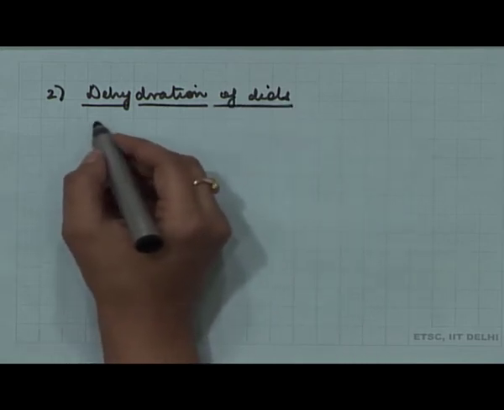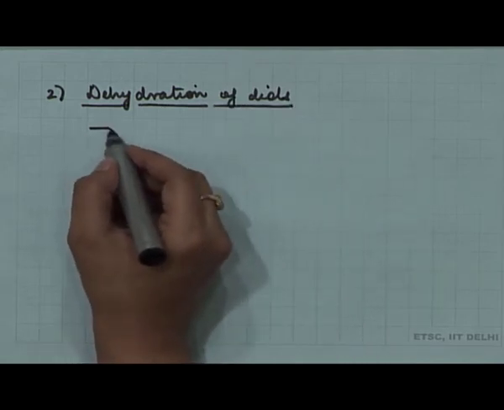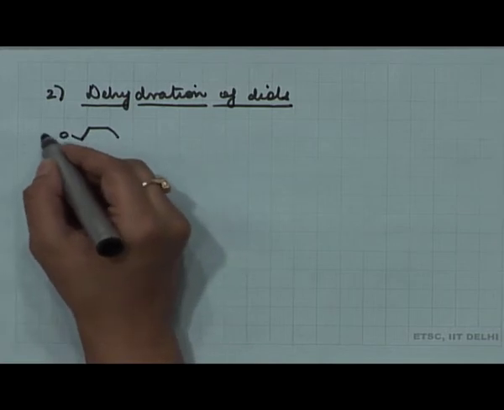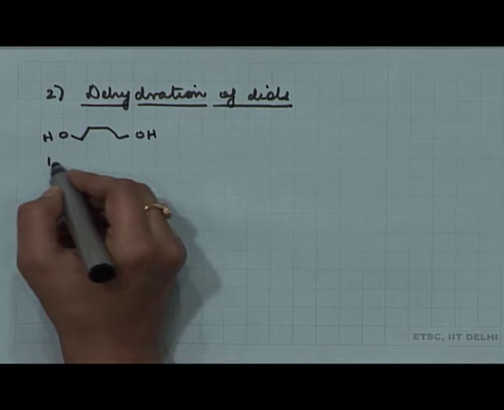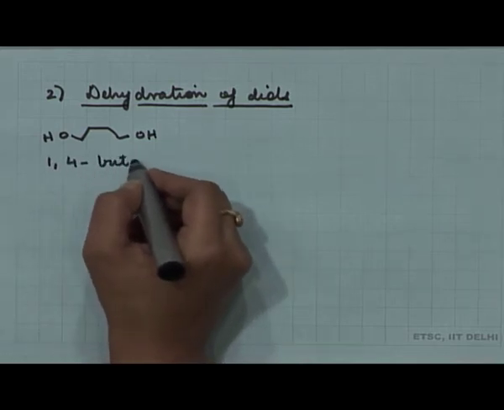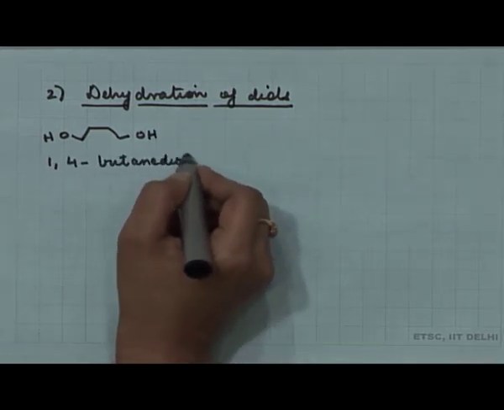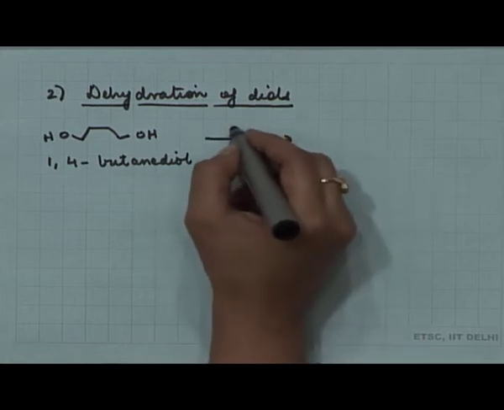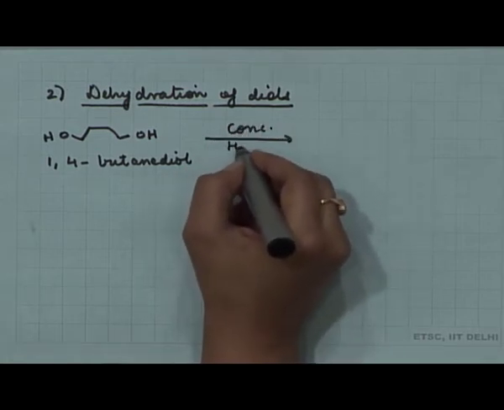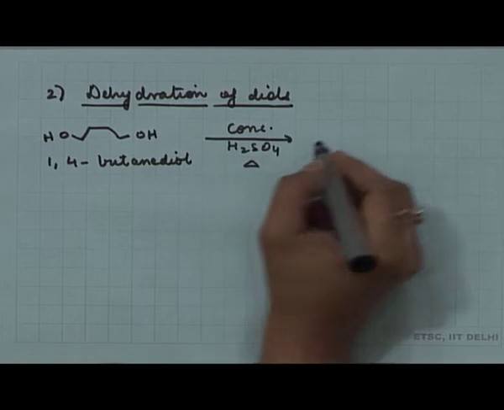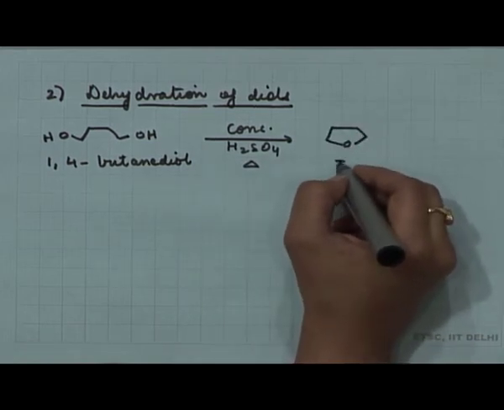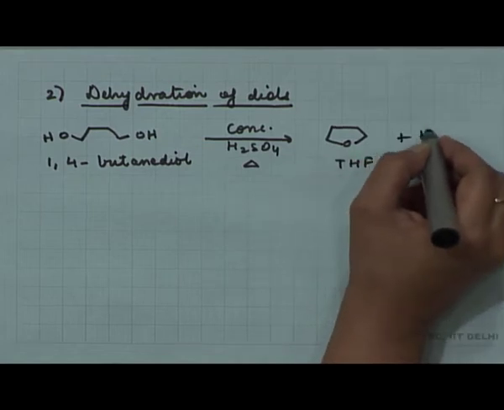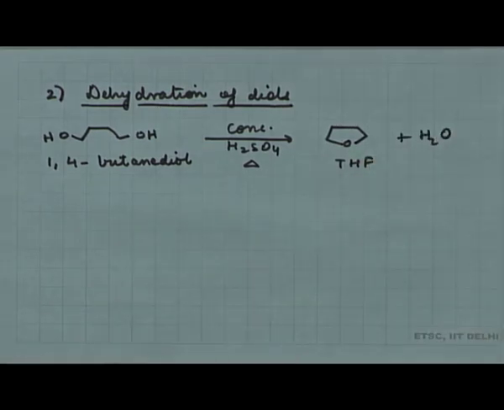So, you can start with a 1,4-butane diol, and you carry out dehydration with concentrated sulfuric acid, and you get the 5-membered cyclic ether, which is your THF, along with elimination of a water molecule.